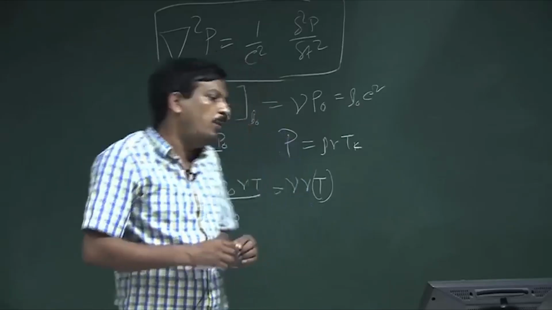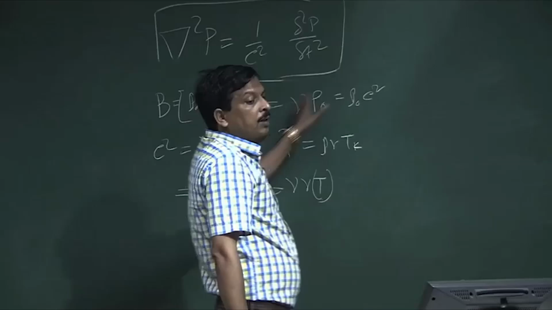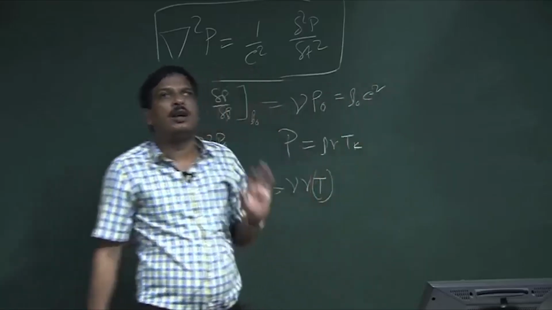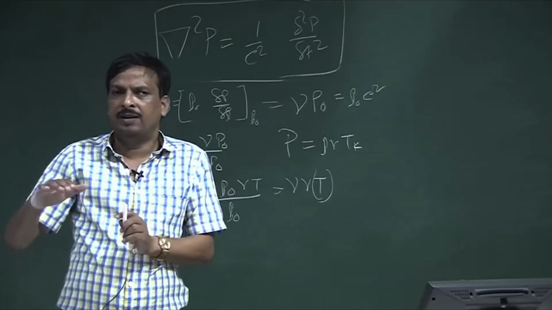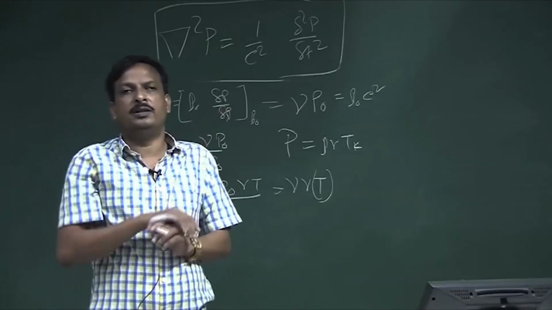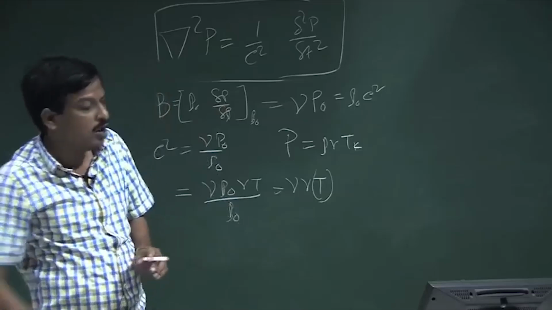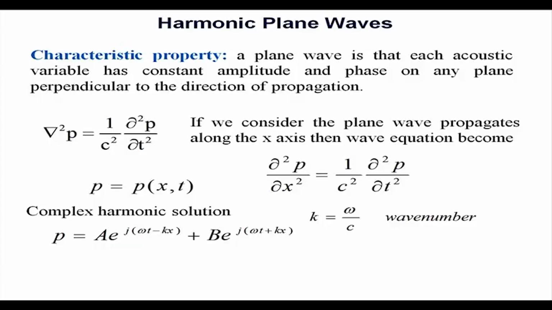So, now we go for harmonic plane wave propagation. How to find out what should be the equation of P if it is propagated in a medium. We have derived the equation of P and U, and we have described how the harmonic plane wave is propagated in a medium.